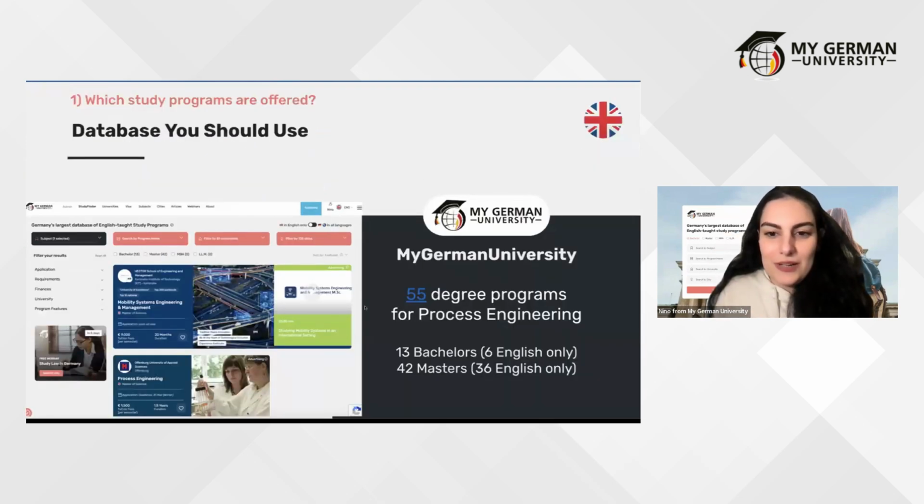All right, now about process engineering. If you select a subject in our study finder, process engineering, you see 55 degree programs. And then maybe you go for master or bachelor, you can always select this here, and also apply different filters. For example, application requirements, language requirements, program features, for example, regarding work experience, university type.